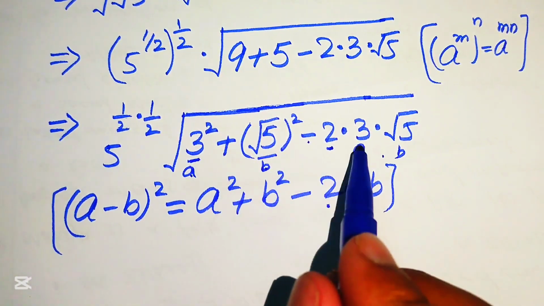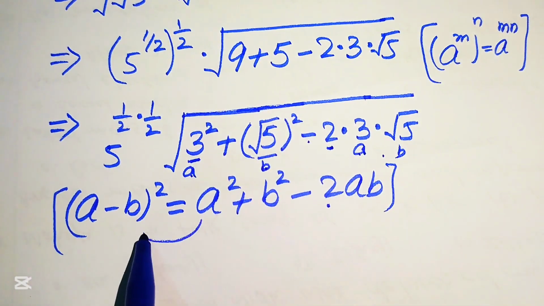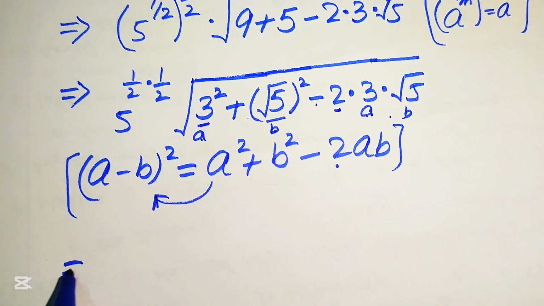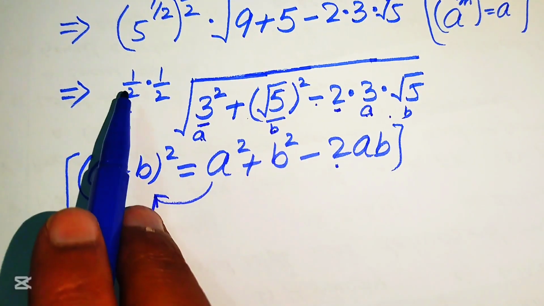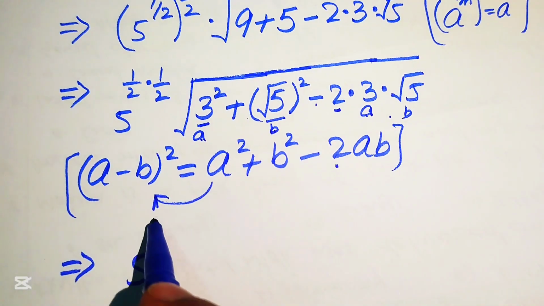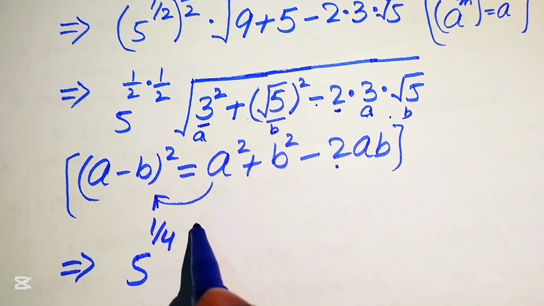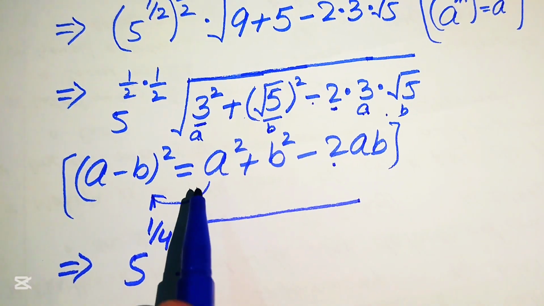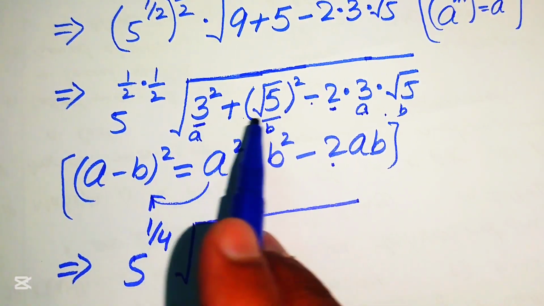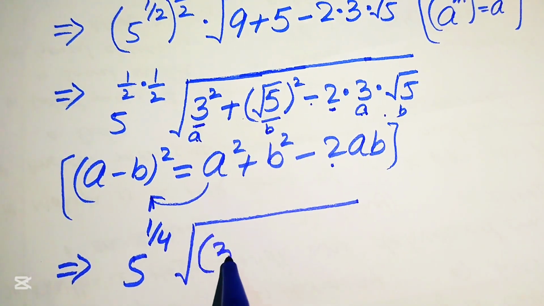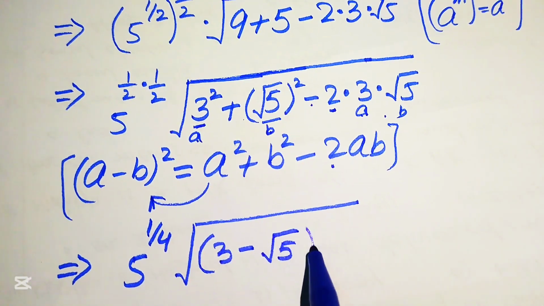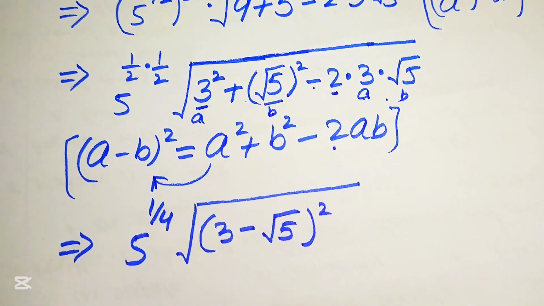So when you combine all of these terms in this form, then we write this term as 5 to the power of, this is 1 over 2 multiplied by 1 over 2 equals 1 over 4, and the square root of this will be written as 3 minus square root of 5 and its whole square.